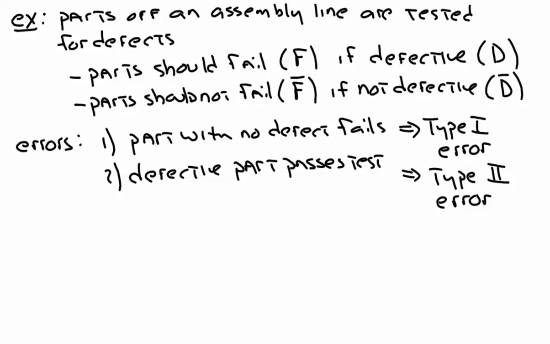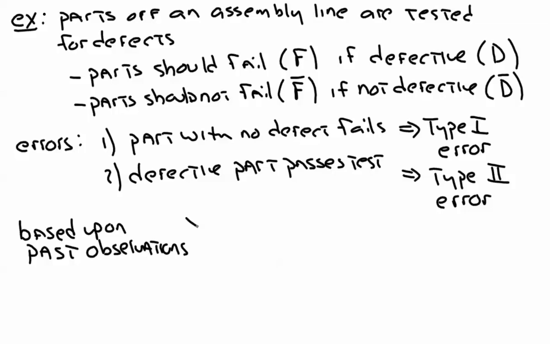So for this particular test, we've been doing it for a long time. Based on prior observations, we've collected a lot of data. We know the following. Based on past observations, we know that the probability that the parts are good, probability that they are not defective, is 95%.